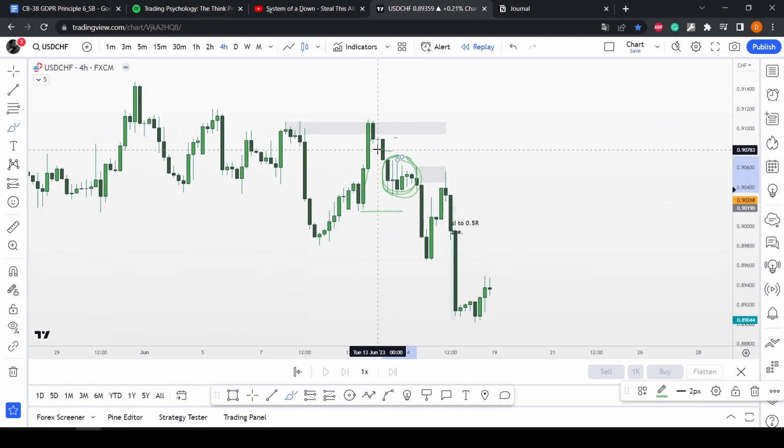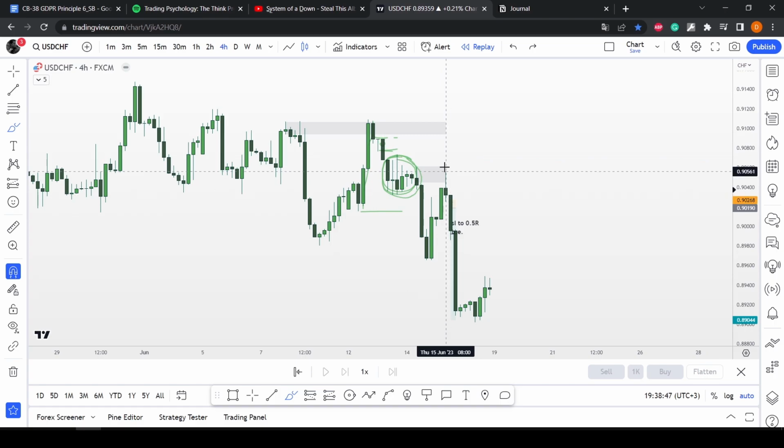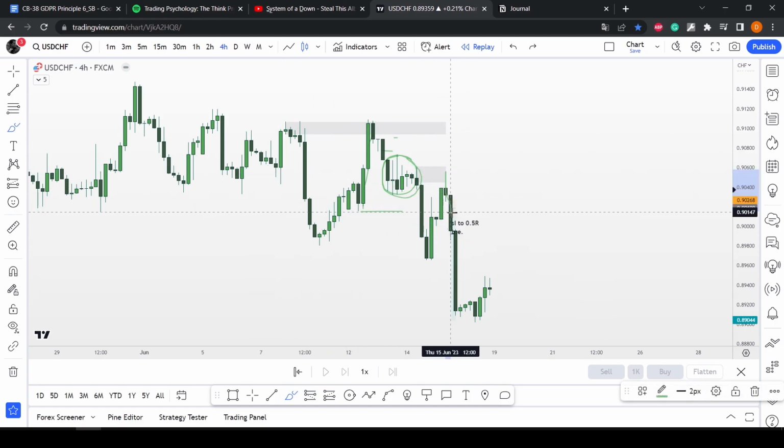We have only one unmitigated part here, and it's quite small compared to what we have here, to this cluster of candles. So I was willing to look at this zone, but as you can see, I didn't enter straight on the tap, but waited until the price started to move down.